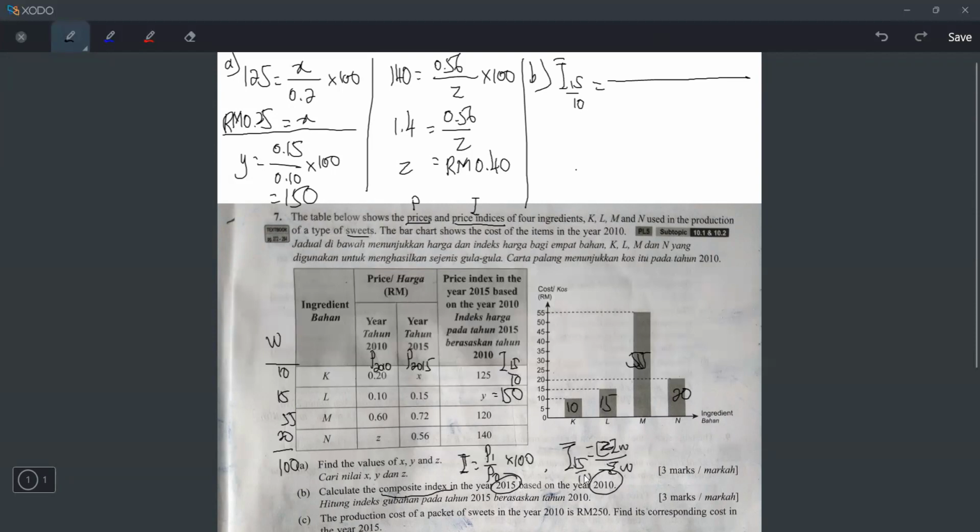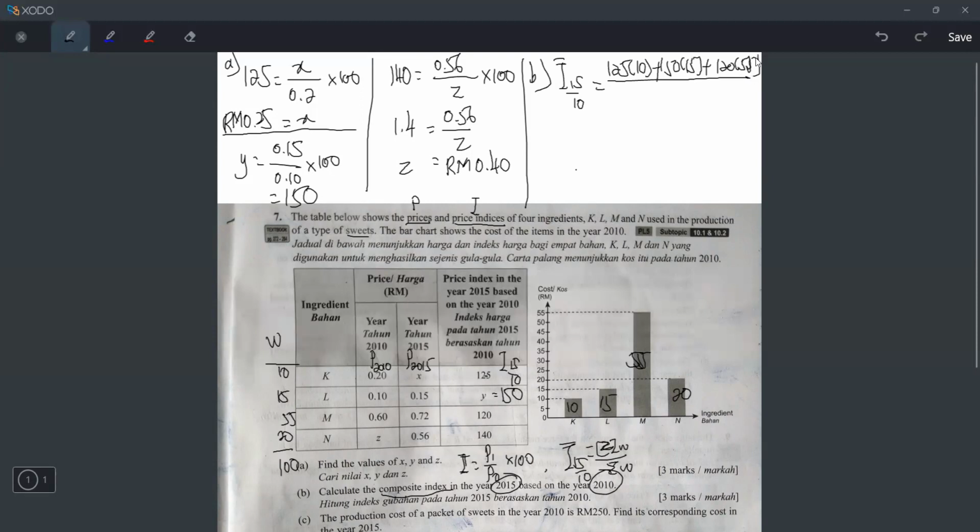That means I take 125 times 10, plus 150 times 15, plus 120 times 55, plus 140 times 20, all over the total weightage, 100.